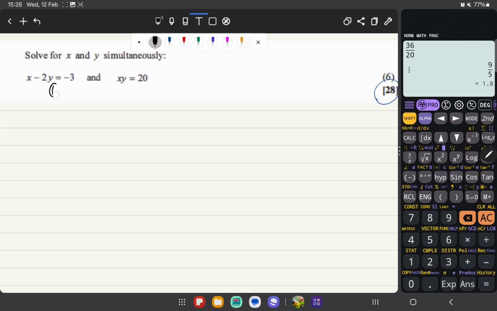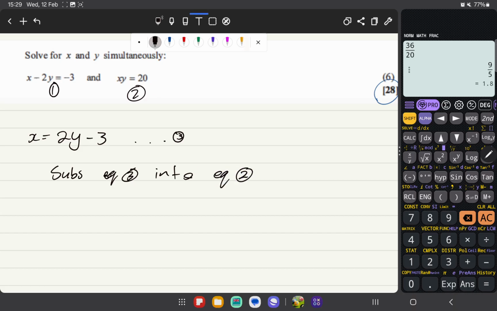Right, this is equation 1 and this is equation 2. Here you can already see in equation 1 I can say x equals 2y minus 3. Call this equation 3. Using the substitution method, substitute equation 3 into equation 2.